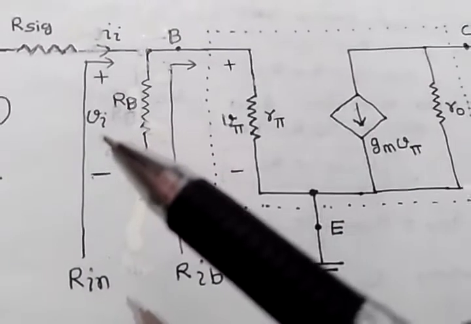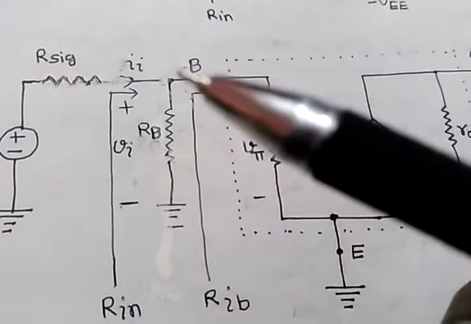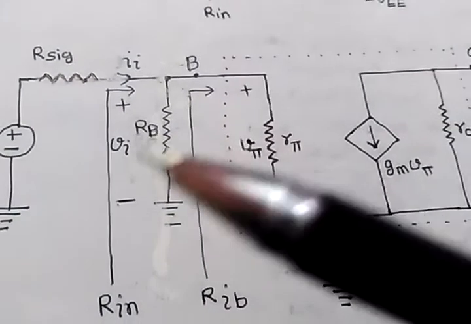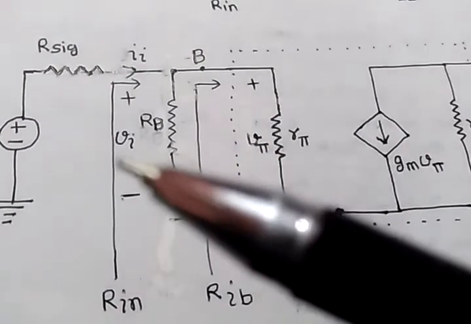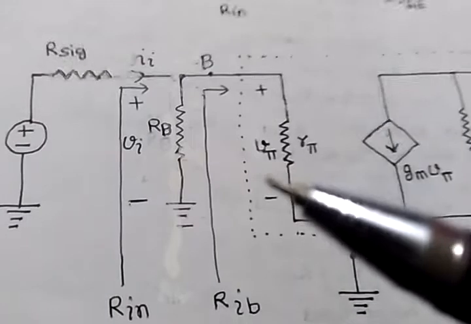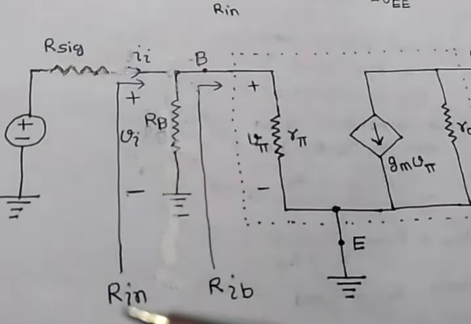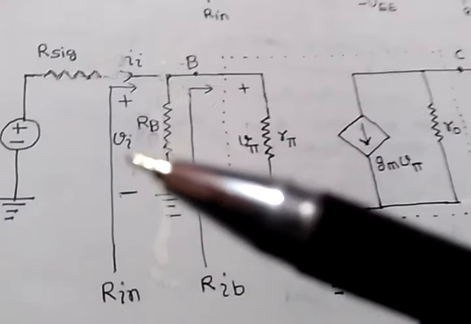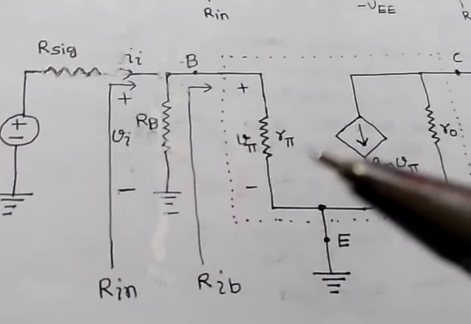Here Vi is the voltage between ground and base of the transistor. Here Rb and Rπ both are in parallel, so Vi and Vπ will be the same. We can calculate Rin as Vi upon Ii equal to Rb parallel Rπ.